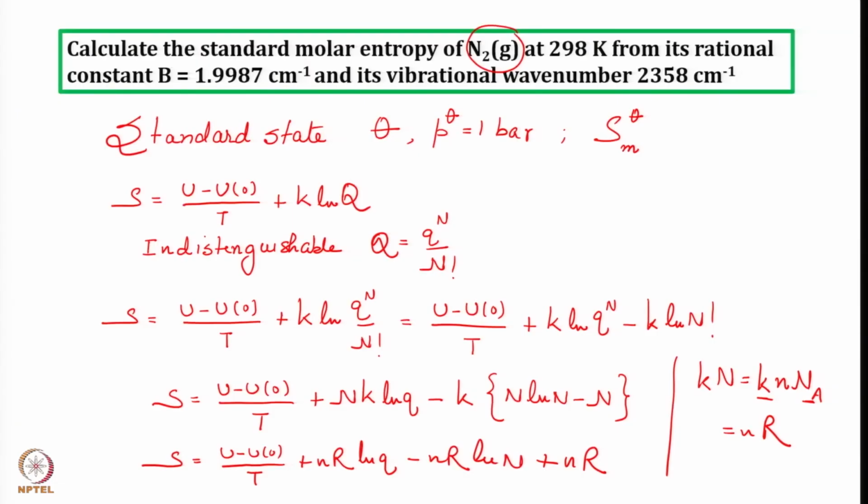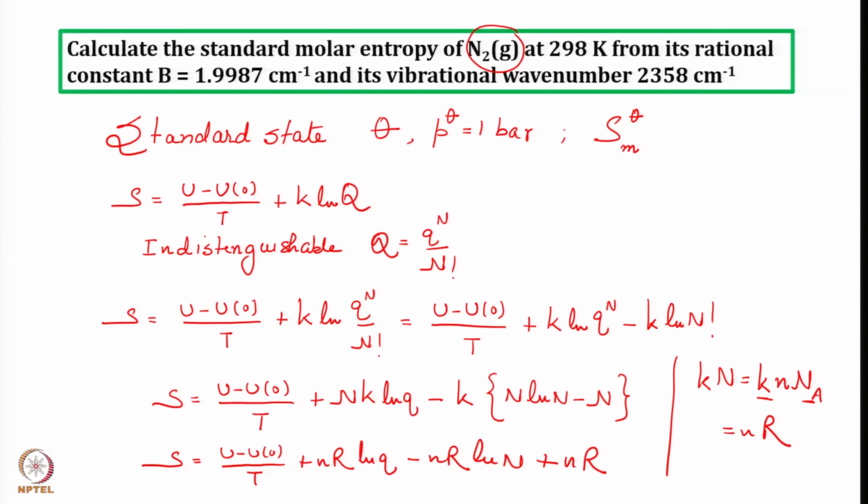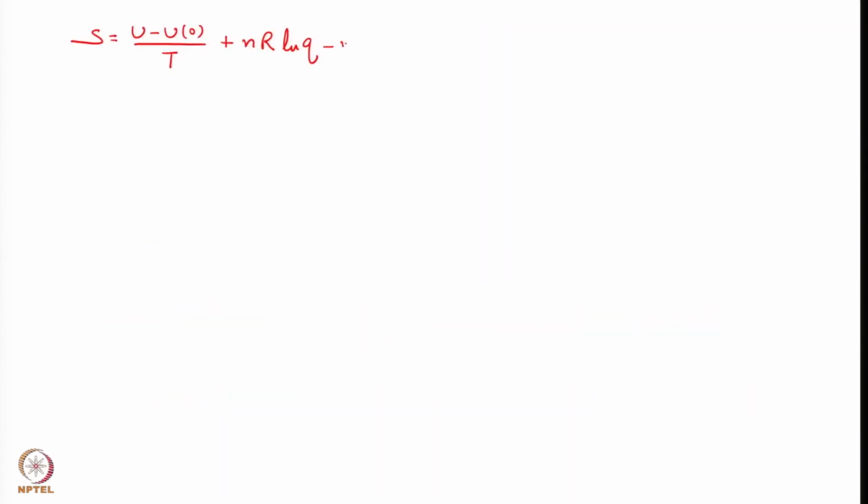What I have is S is equal to U minus U0 by T, this is 1. Then we had nR log q minus nR log N plus nR.